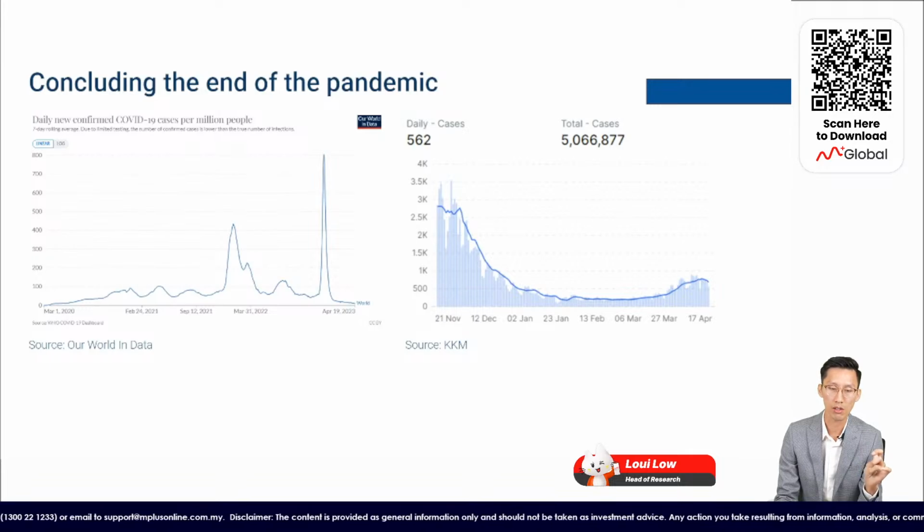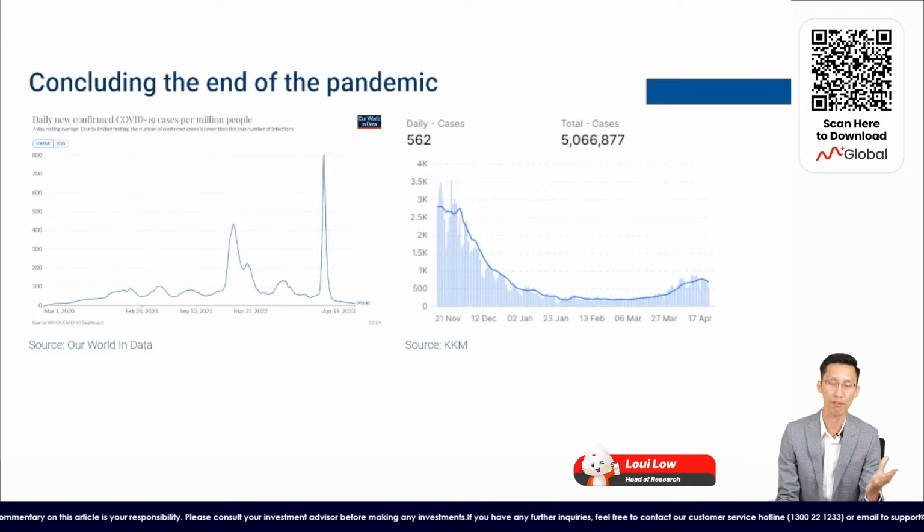So, concluding the end of the pandemic, we can see that throughout the past few months, even though a lot of new variants have come in and hit Malaysia right now as well, we have been quite manageable in terms of COVID cases. So I think this COVID pandemic era seems to be ending very soon, or maybe we can say that it has turned into an endemic, and therefore we need not worry about it anymore because it is very manageable.